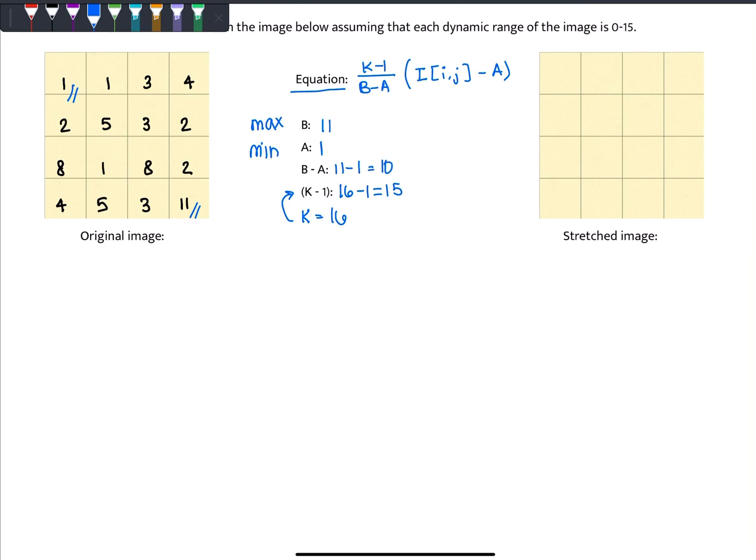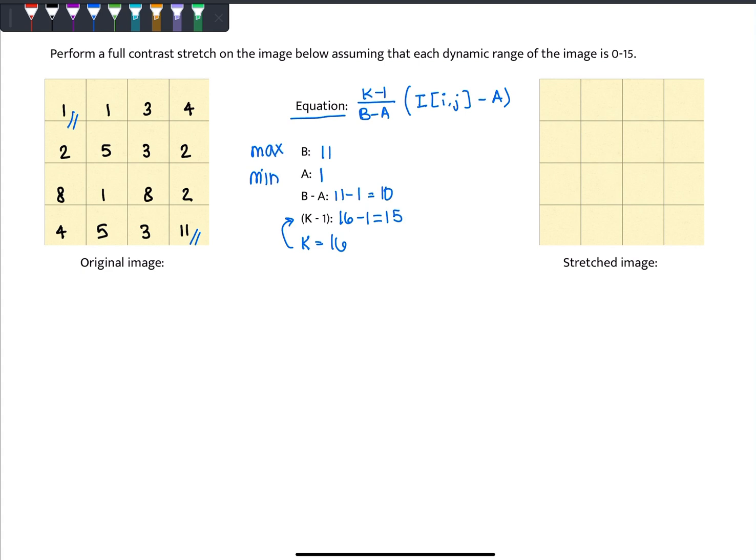So here's the equation that we're going to use to perform the stretch. It's going to be k minus 1 divided by b minus a, multiplied by the image pixel that we're working on. So we're going to go pixel by pixel over here. We're going to simply take the value, plug it in, and then subtract a.